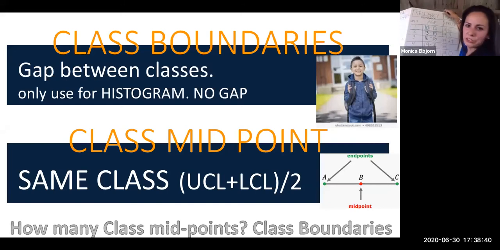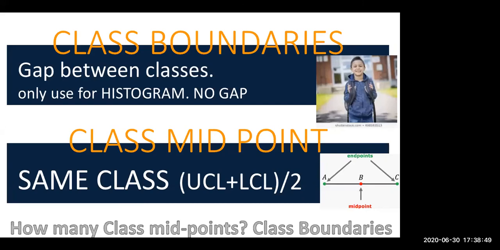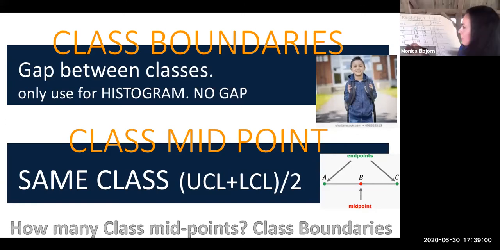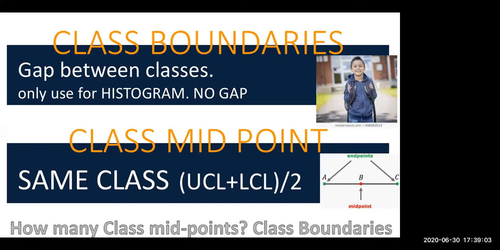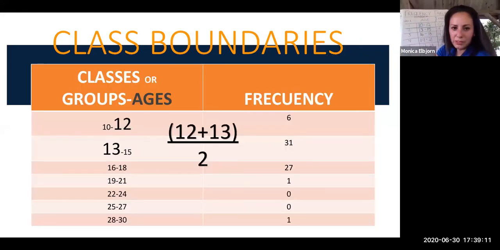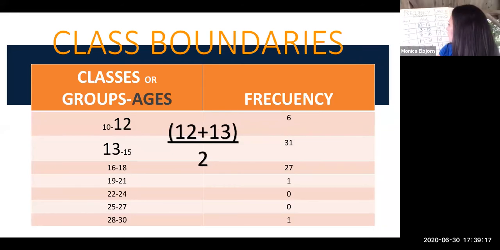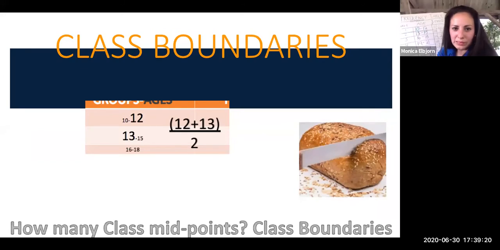Are there any questions on what would be the difference between a class boundary and class midpoint? Okay, if not, how many class boundaries do you think we're gonna have? 8, right? Because we got 8 classes. Same with midpoints, 8 midpoints. So this was what we were doing, 12 plus 13 divided by 2. That'll be 12.5. Class boundaries.